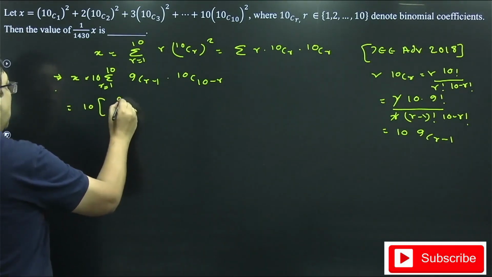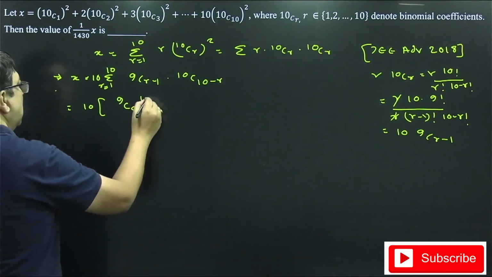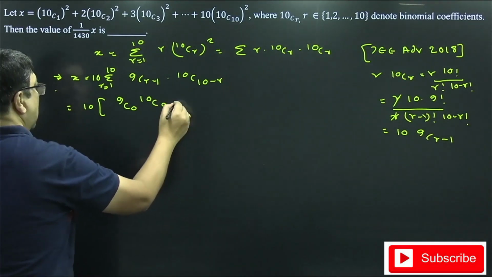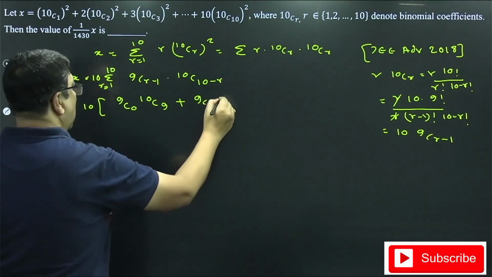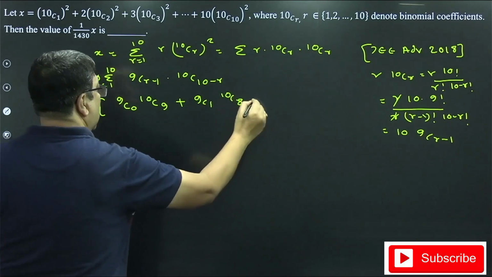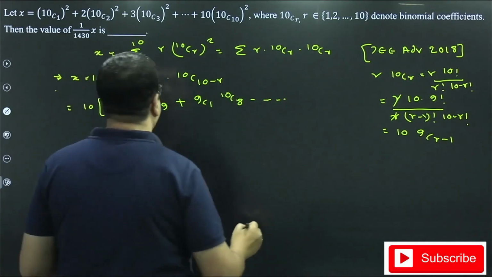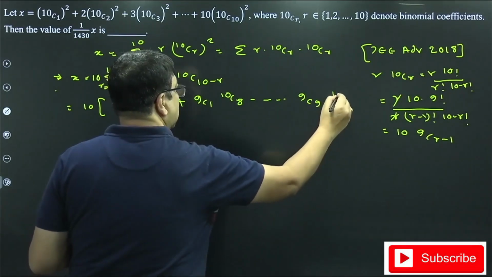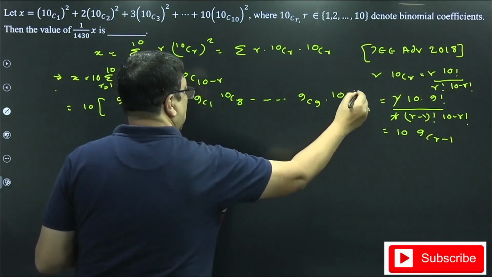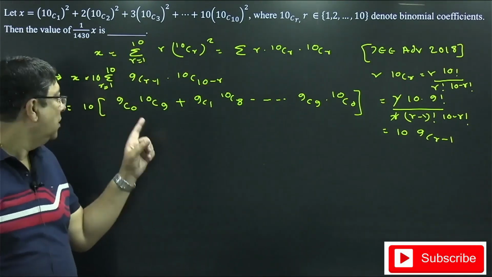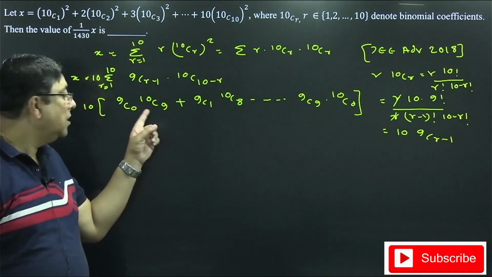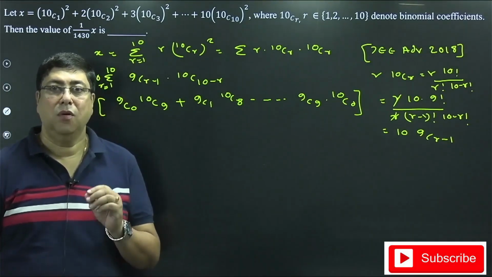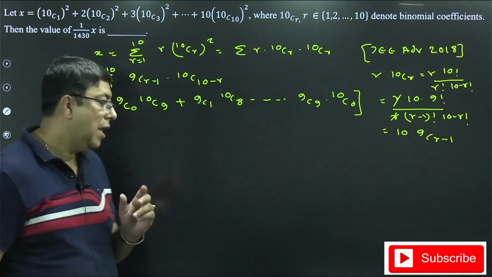If we put r equal to 1, 9c0 into 10c9. If we put r equal to 2, 9c1 into 10c8. In this way, the last term, we put r equal to 10, so 9c9 and 10c0. So the sum of the r terms is constant. It means it is the coefficient of x to the power 9.